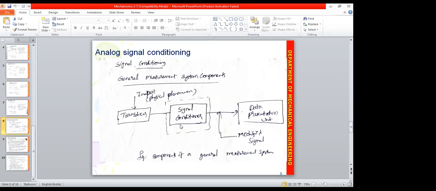From unit 1 to unit 6, the concepts you studied are full-fledged and very useful to develop a mechatronics product. Right, now it's clear. Do you understand this one? Next, we will go for the next one.